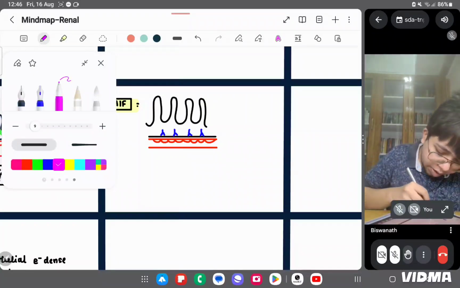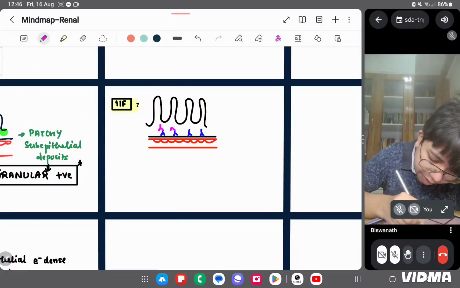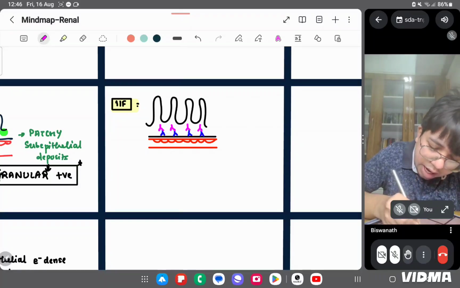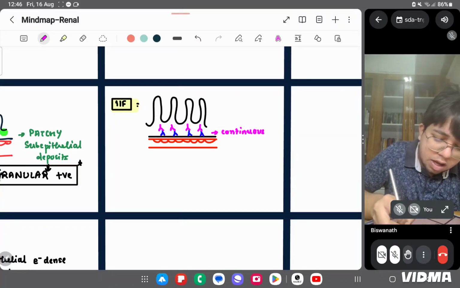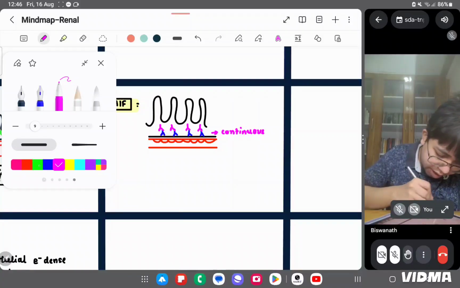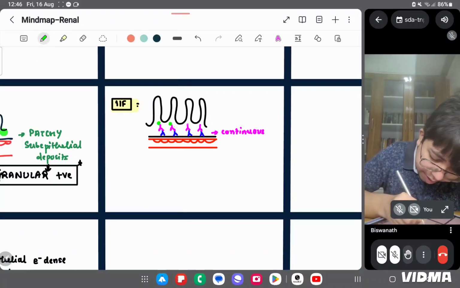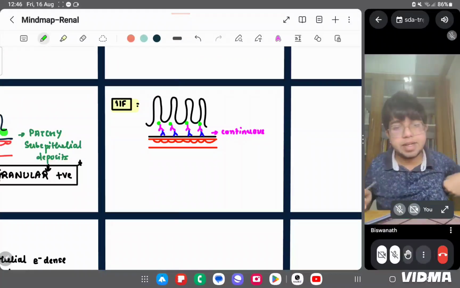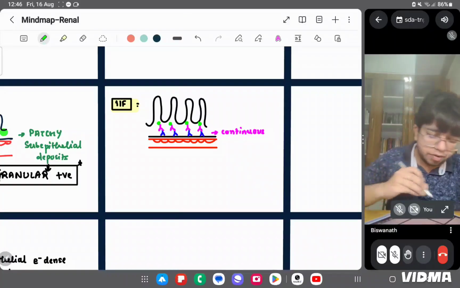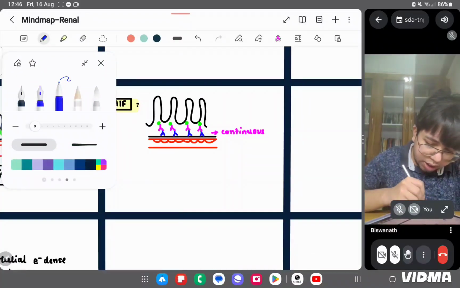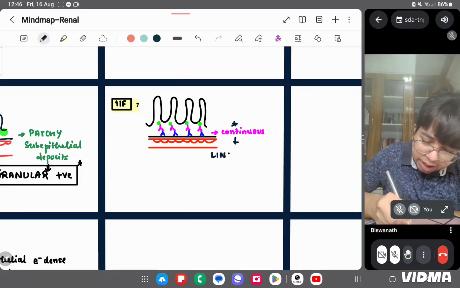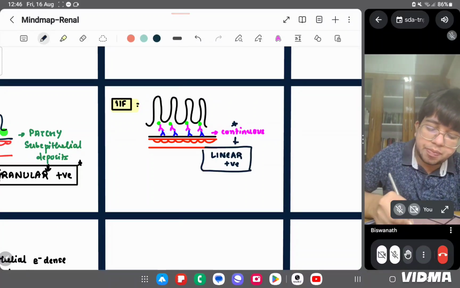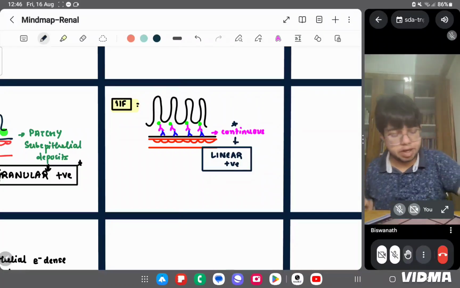But once you do immunofluorescence, there will be secondary antibodies going over here, and this is present in a continuous format. Continuous. And to this, green substrates are attached; I am taking green color because it appears green on a dark background in immunofluorescence. So it is continuous. Remember this statement: if this is continuous, there will be linear positivity. Understood?